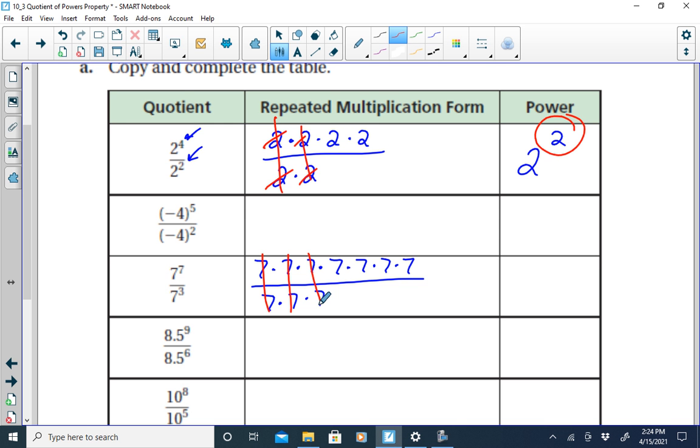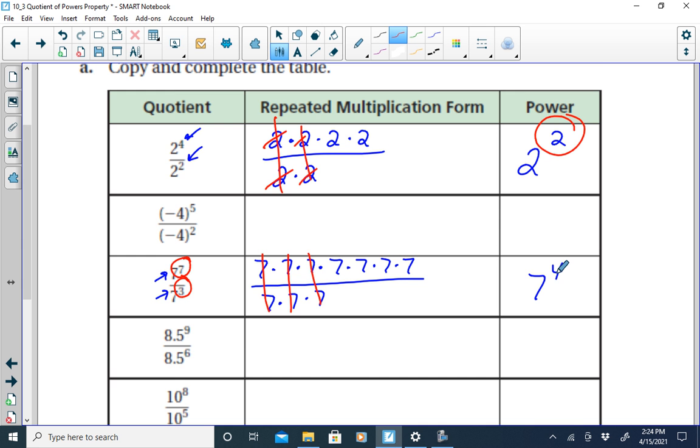If we divide out 7's in the numerator and 7's in the denominator, because they're going to be 1's, we're left with 4 powers of 7, right? 7 to the 4th power. And once again, we can see 7 to the 4th power is the result of the base staying the same and simply subtracting the exponents of 7 and 3 to get the exponent of 4.